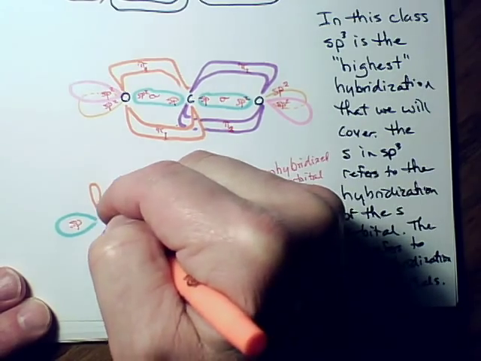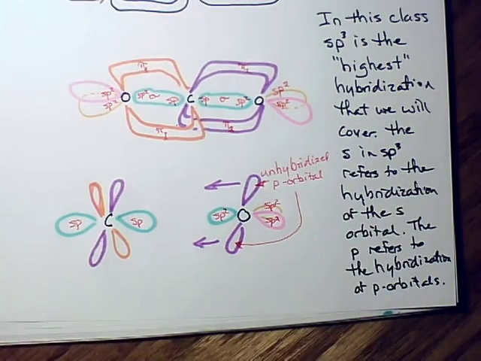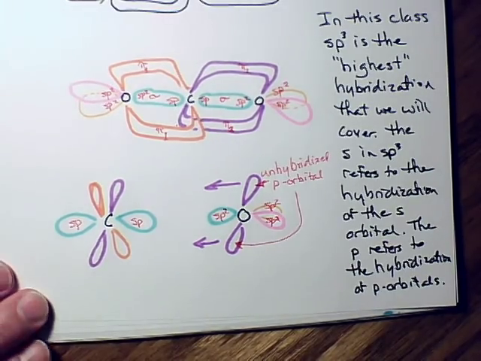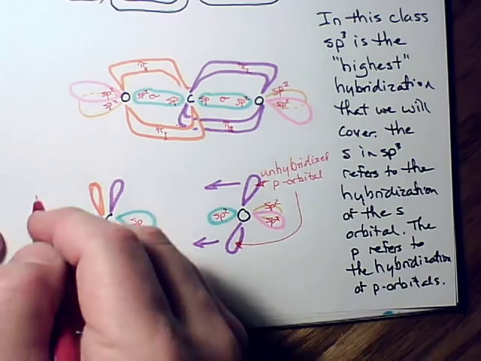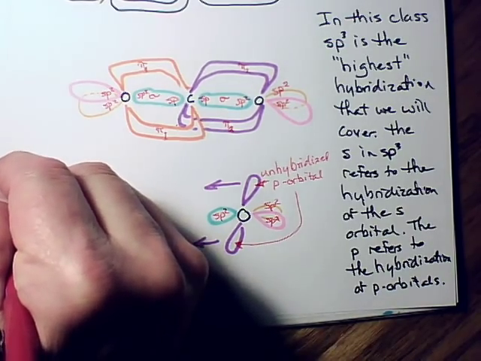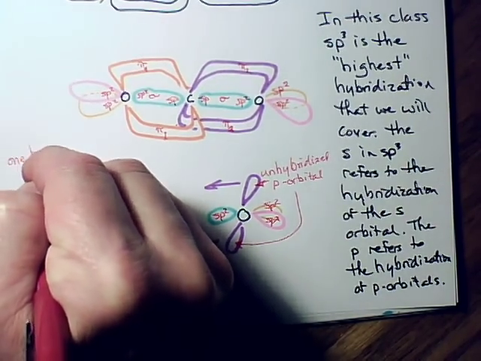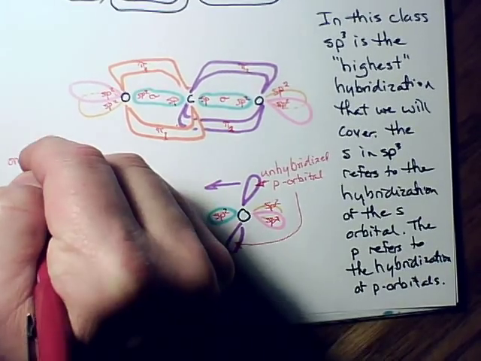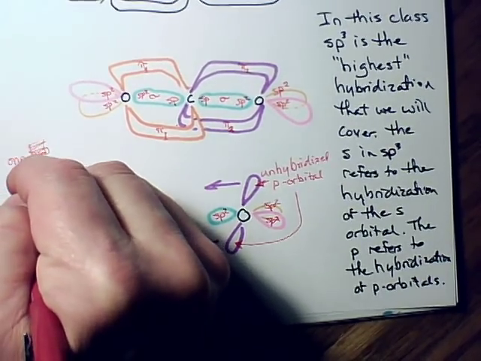And you'll see when you do your balloon shapes today how that actually looks in space. Okay, or at least you get a better idea from it, I hope. So this is one. I'm sorry, it should be unhybridized.